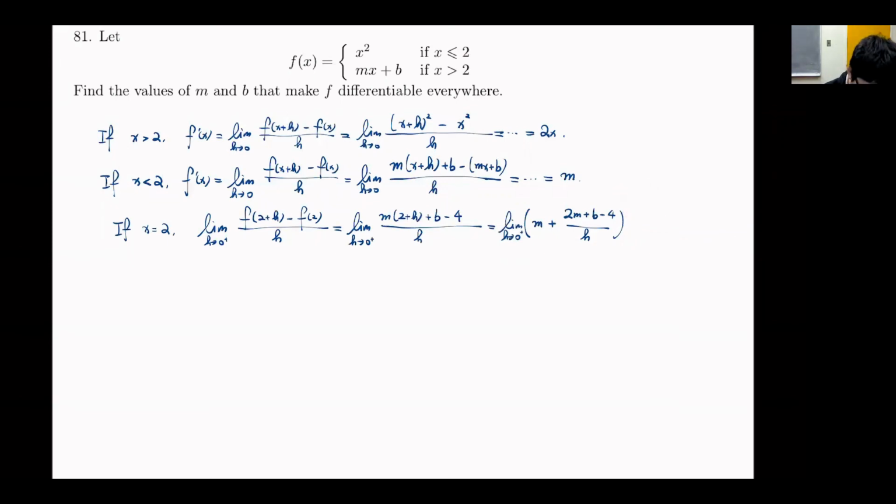Okay, so therefore, what we can say is the following: to make sure the limit exists, it is necessary that the numerator for the second fraction be 0. So 2m plus b minus 4 has to be 0.